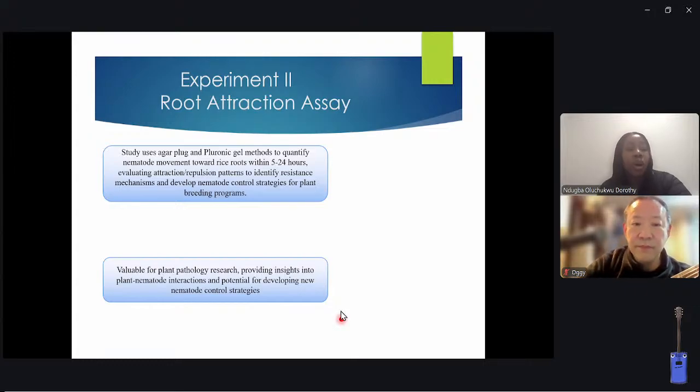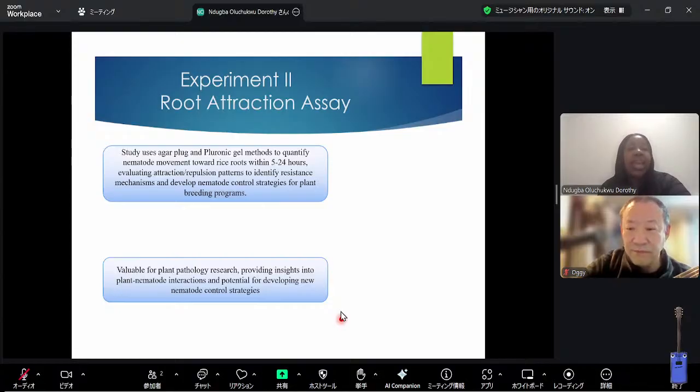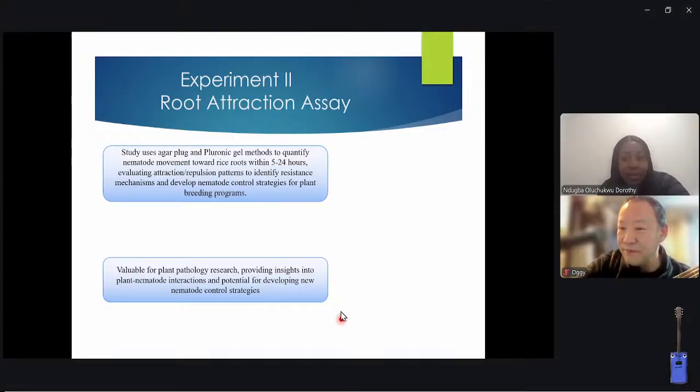That means which compound in these roots exude attracts or can repel this nematode. And thirdly, we want to determine the infection mechanism. And when we talk about the infection mechanism, it simply means how this nematode locates and orients towards this host plant, right?